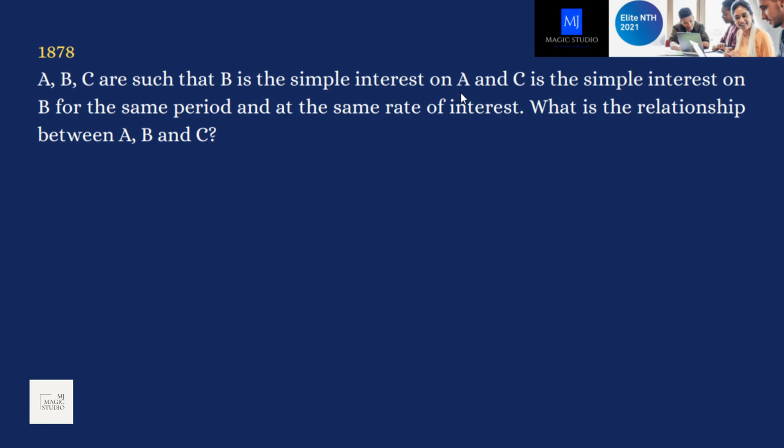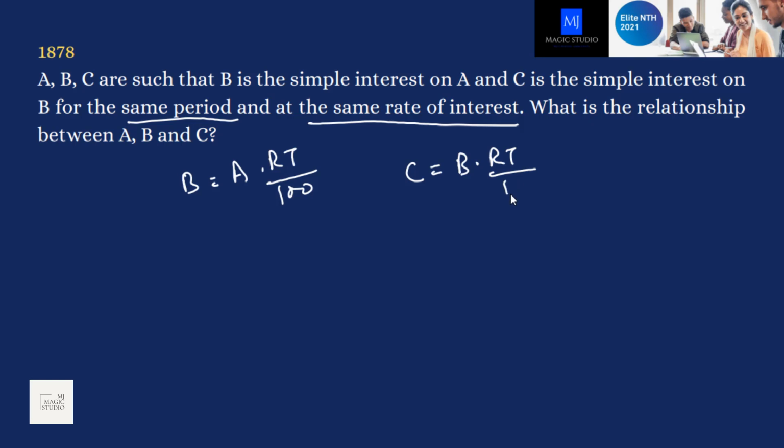A, B, C are such that B is the simple interest on A and C is the simple interest on B for the same period and at the same rate of interest. That means B equals A into RT by 100 and C equals B into RT by 100. What is the relationship between A, B and C?